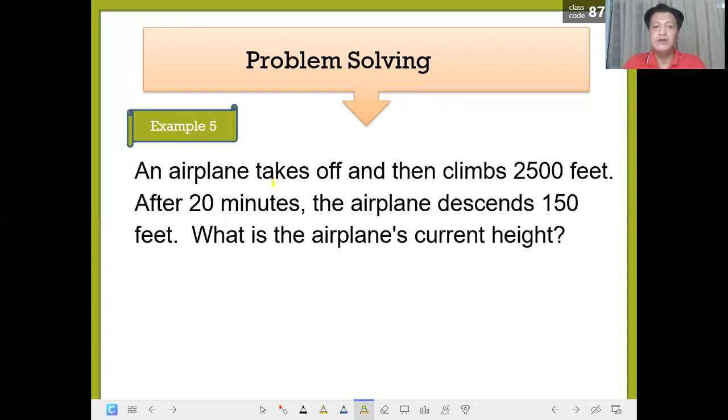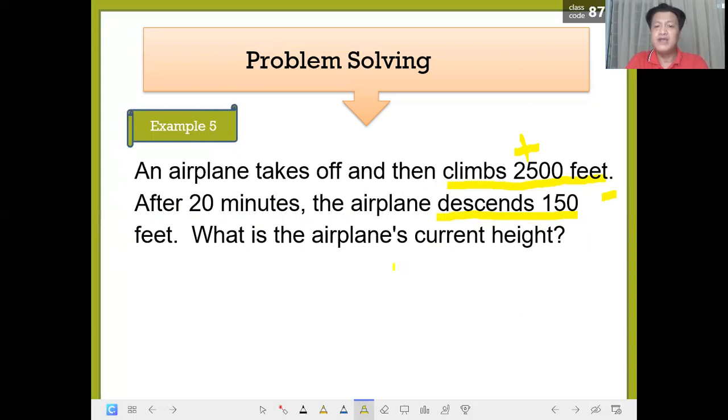Take note of the word, no? Pag sinabi natin climb, nag-climb yung airplane ng 2,500 feet. So this is simply a positive, represented by positive yan. Okay. And of course, after 20 minutes, bumaba siya. Remember the word descends, bumaba meaning to say, remember the number line, di ba? Negative yon. Kaya represent natin as negative yung descends 150.